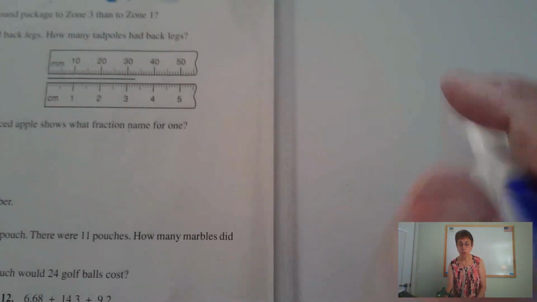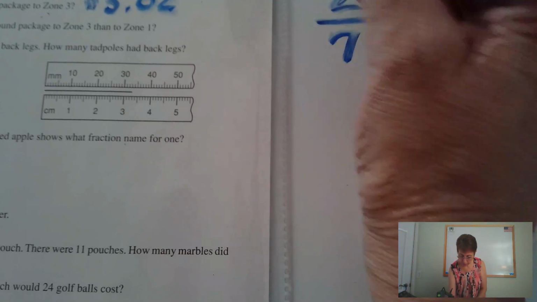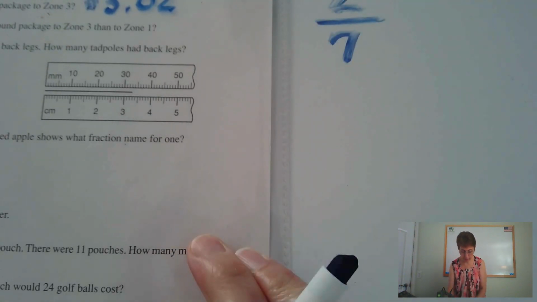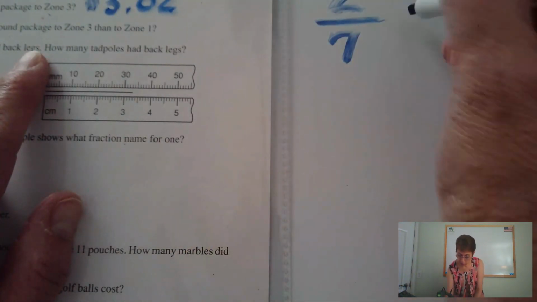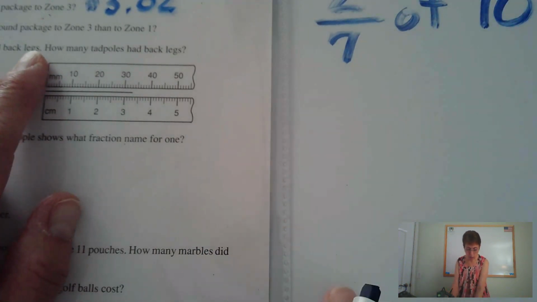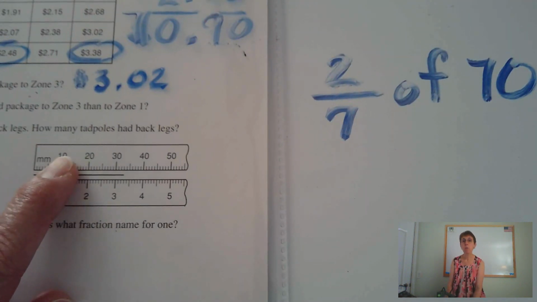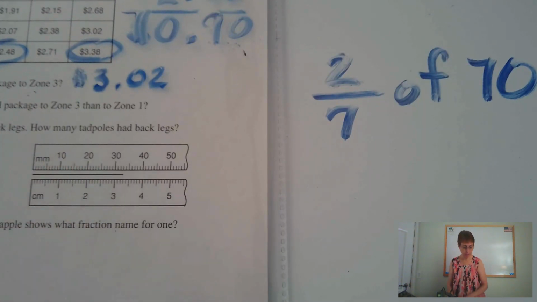So we have 2/7 of the 70 tadpoles had back legs.